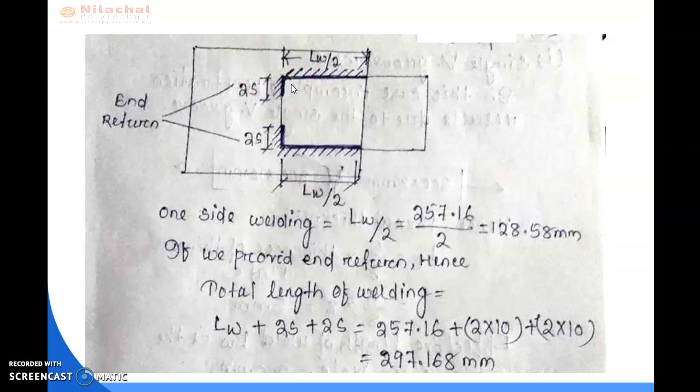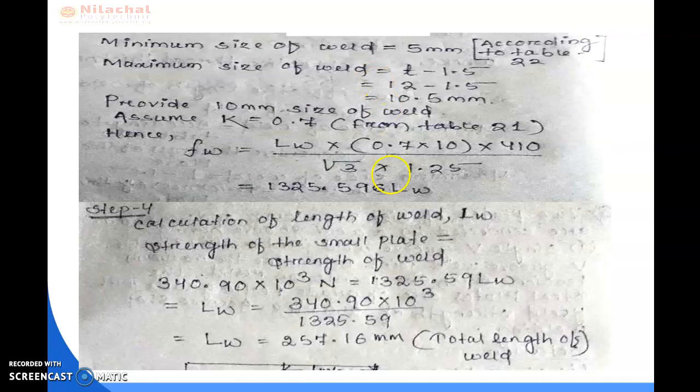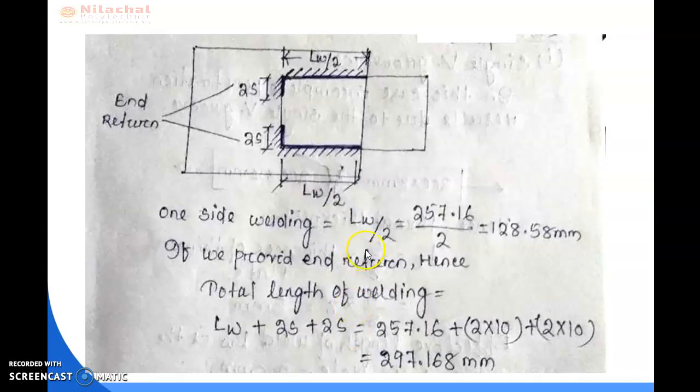The welding is provided sidewise, here and here also. The sum of the two side weldings is the value of LW, the effective length of the weld. So the value we got from this calculation, 257.16, is actually the sum of the two sides' welding length.